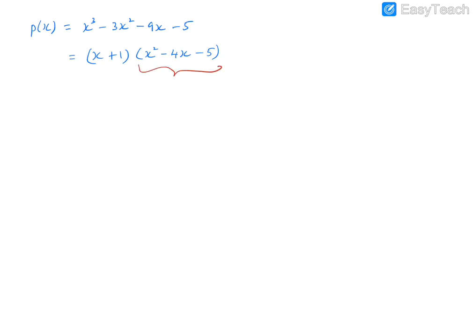As usual, I'll just do it separately on the other side of the page. So we'll write x squared minus 4x minus 5. We want to split the middle term such that the product is minus 5, because we have to get the product of a and c, the coefficient of x squared and the constant coefficient.